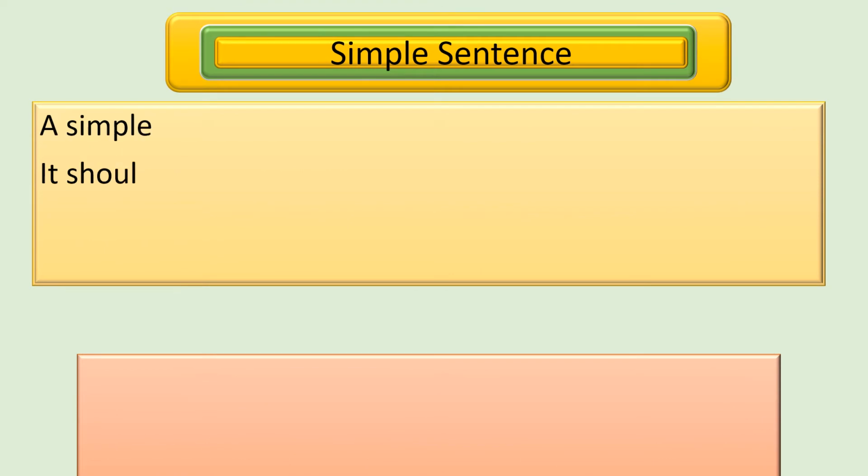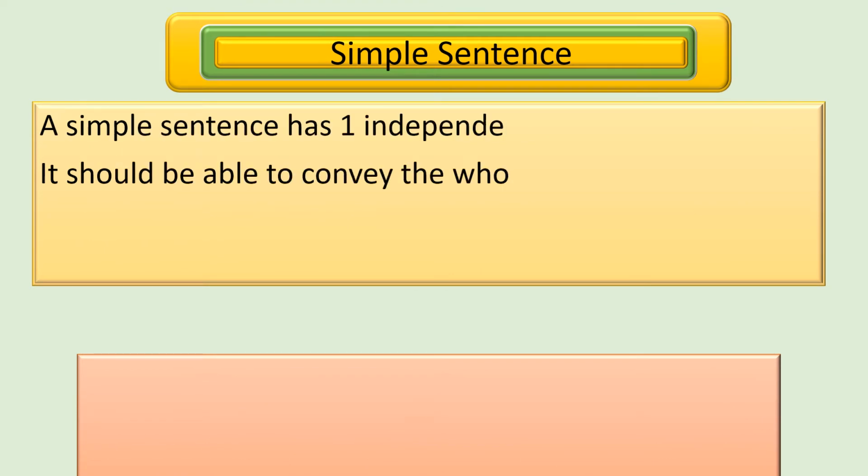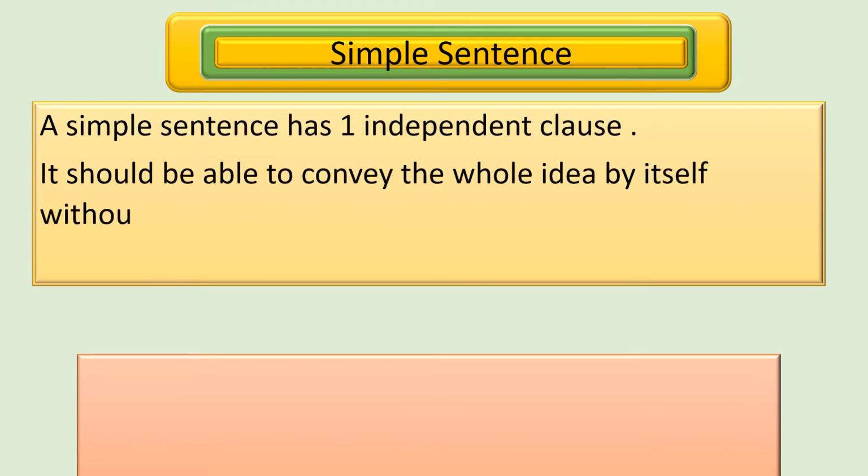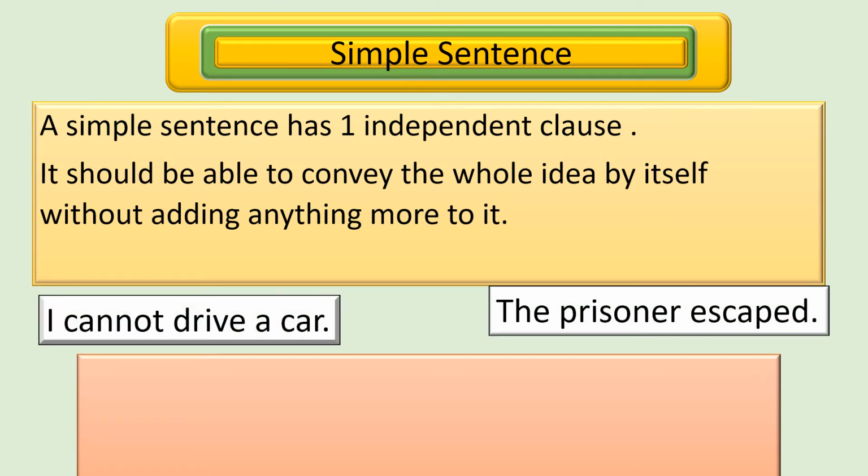What is it? A simple sentence has one independent clause. It should be able to convey the whole idea by itself without adding more to it. What do I mean by that? Example, I cannot drive a car. One independent clause, meaning, what's a clause?